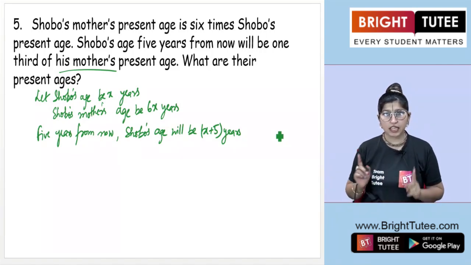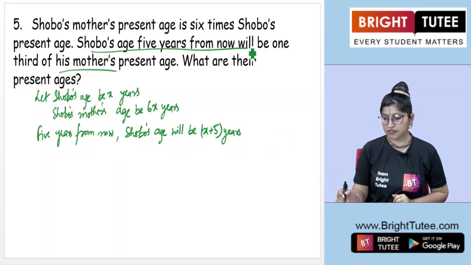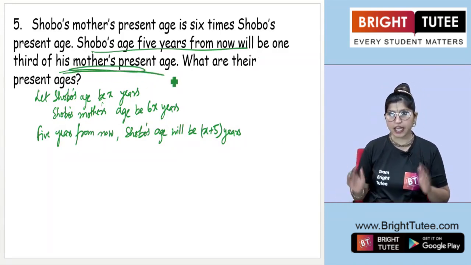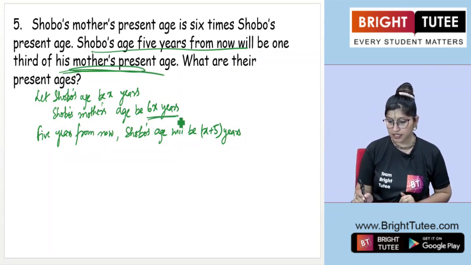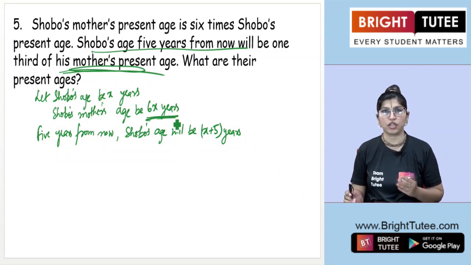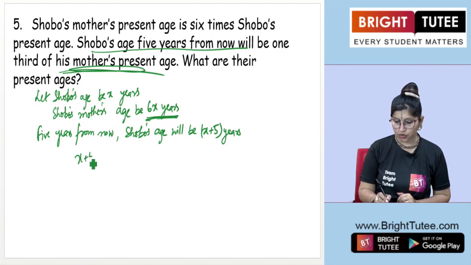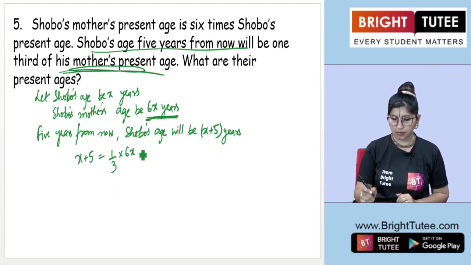But they've given that information that Shobo's age 5 years from now will be 1/3 of his mother's present age. Now the present age is 6x years over here. So we will not be taking that. So according to the question, we will be getting Shobo's age is 1/3 of his mother's present age. So we can cancel this out.